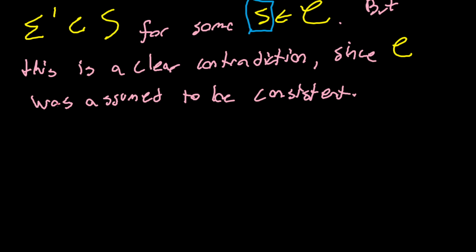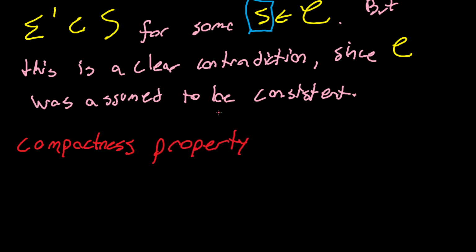I'm not going to state it yet because there's a very equivalent model theoretic statement that we'll get to immediately. But this is our first instance of something called a compactness property.